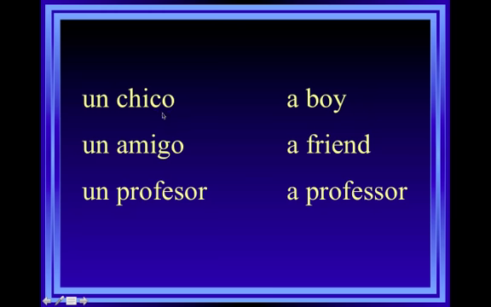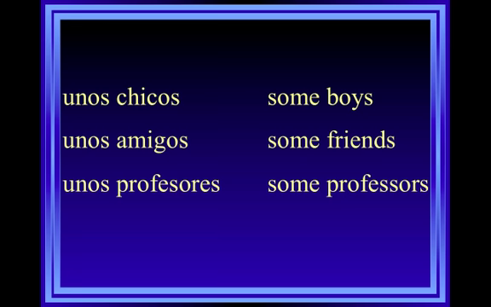You can tell because these end in an O. Profesor ends in an R, but if we're talking about a male professor, we know that it's masculine. Here are the same nouns, but this time they're plural. Notice how we have to make the article plural with an S on the end, as well as the nouns plural. And now we have some boys, some friends, some professors.